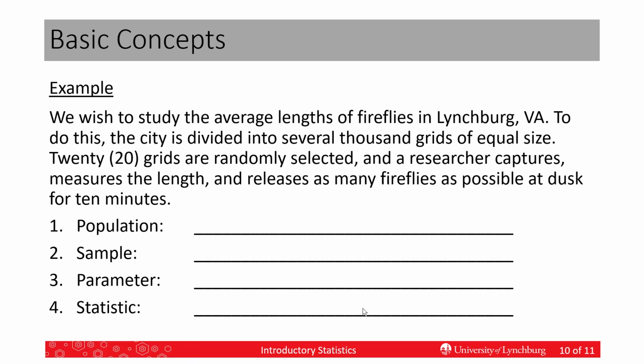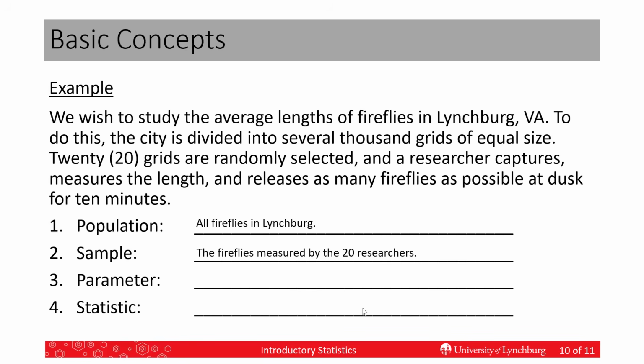So what is the population and what's the sample here? Well, the population are all the fireflies in Lynchburg, and there's no way we could measure all of them, and we wouldn't want to either. And then a sample, in this case, are the fireflies that were captured and measured by the researchers and released. All right. So what's a parameter? Based on this study, we said we wanted the average length of fireflies.